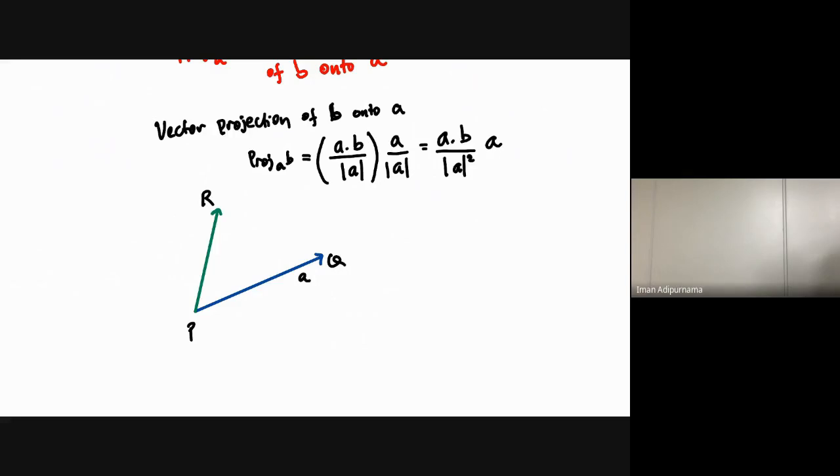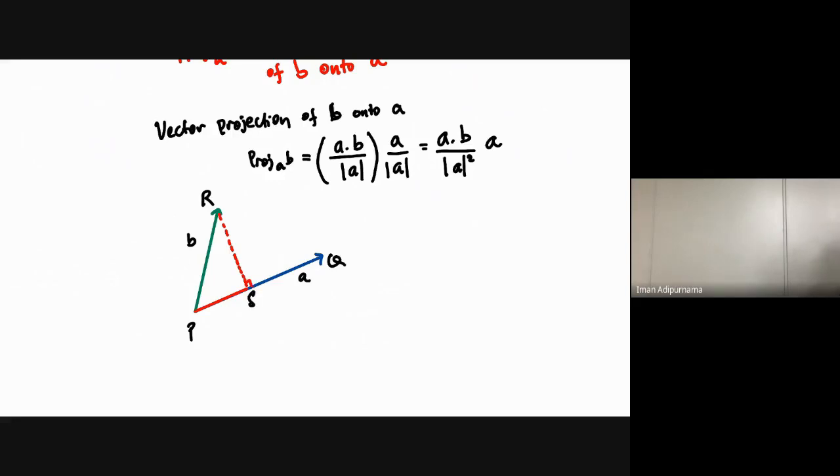This is vector A, vector B, and similar. If we want to project B on A, we can do that also.